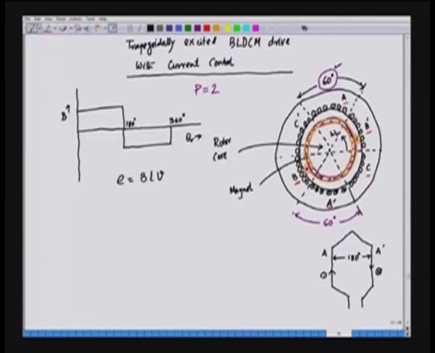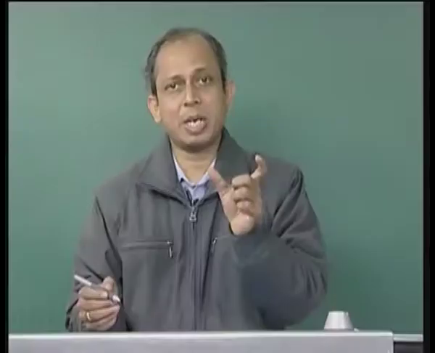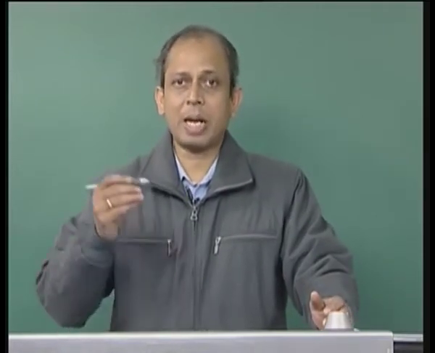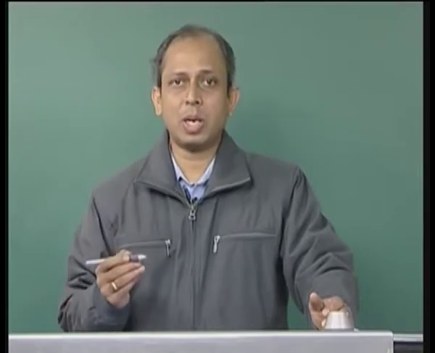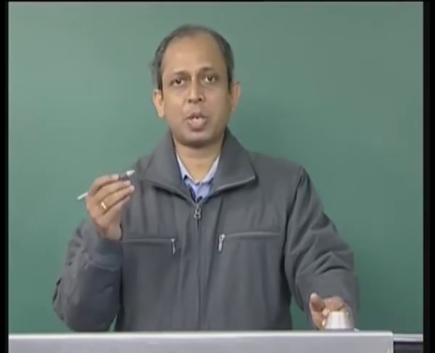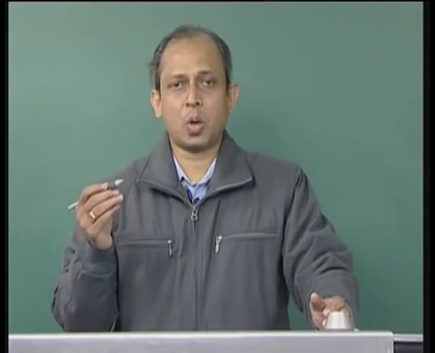So, when it is changing from north pole to south pole, it takes some time to become fully south pole, and this overlap time is 60 degree. It means for 60 degree interval a phase will have both north pole and south pole. So, during that time the induced EMF will be gradually rising. After the end of 60 degree the induced EMF will be constant.